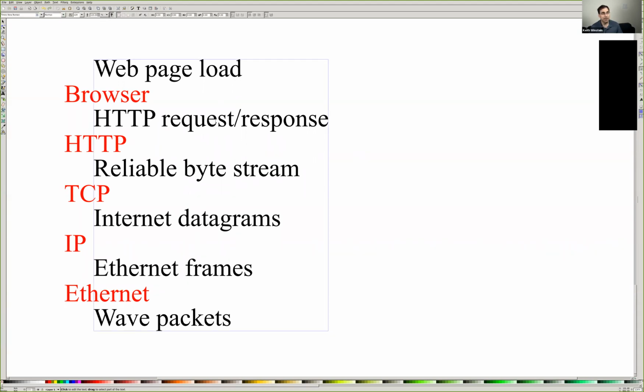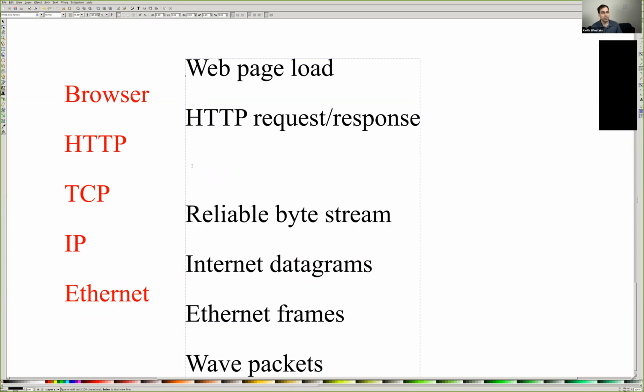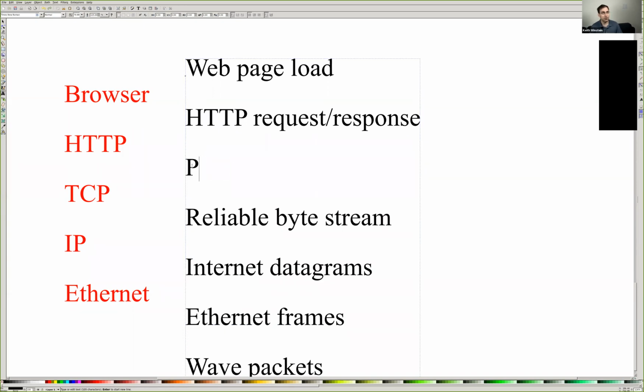people decided to modify this tower of abstractions. And instead of putting HTTP directly on this reliable byte stream, they inserted something here. They inserted a new layer. So we have a reliable byte stream, and here we have, let's call it, a secure byte stream.